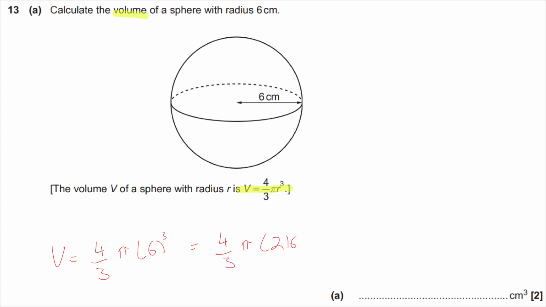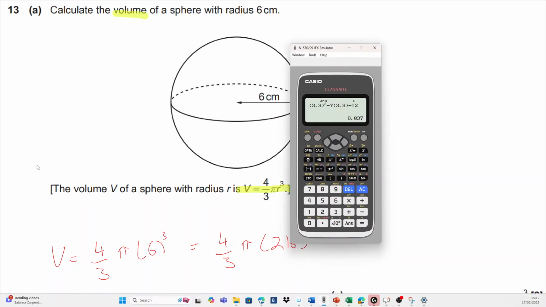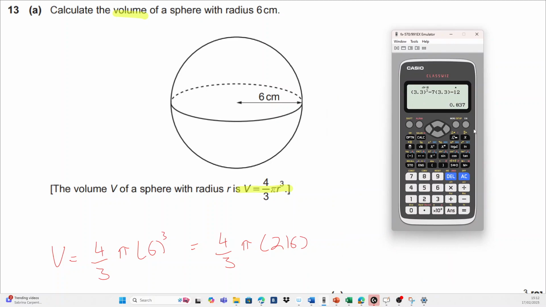To be honest, just whack it into your calculator, because it will give your answer in terms of pi, which is what I like to work in. So just type in 4/3 times shift pi times 216, and there we go. There you go, 288 pi. It's not asking us to round to anything specific.